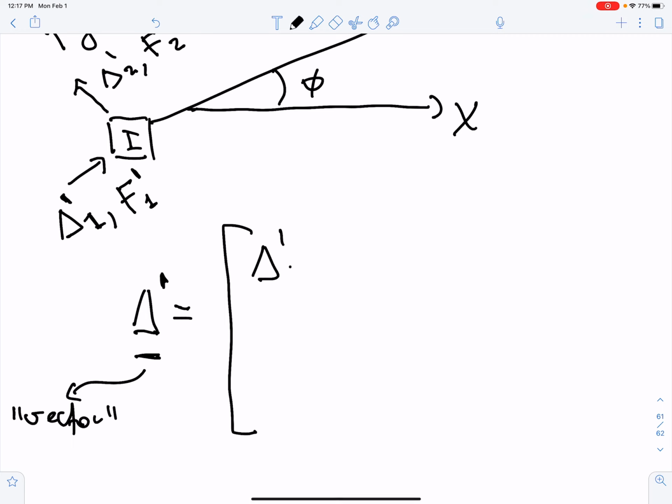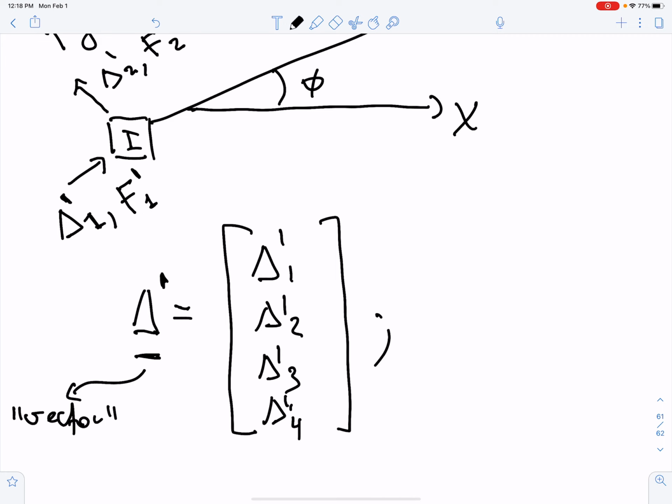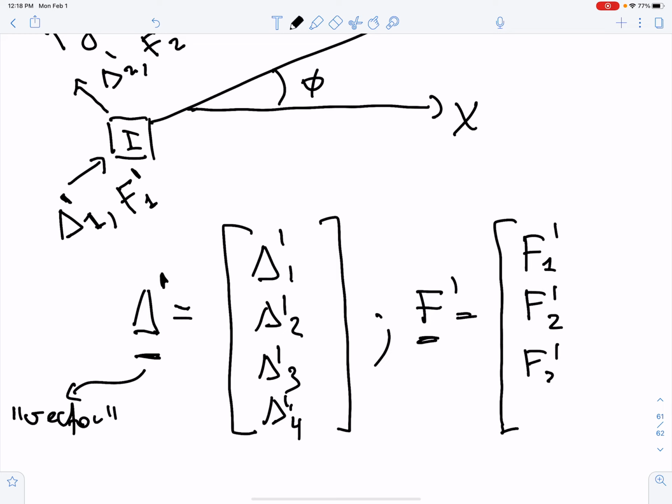This is delta prime 1, delta prime 2, delta prime 3, and delta prime 4, and likewise F prime becomes F prime 1, F prime 2, F prime 3, and F prime 4.